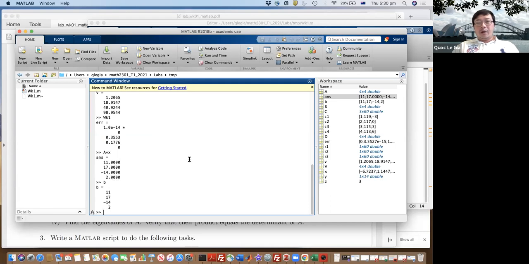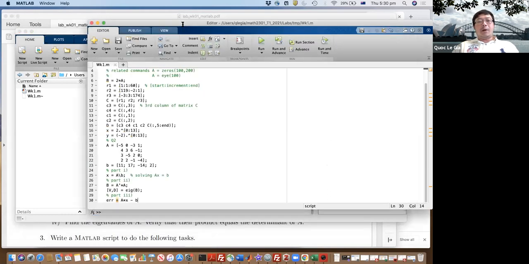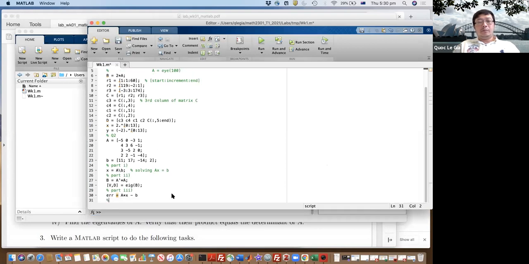Now how do we verify the next part, the eigenvectors part? So this was verifying the solution of the linear system.